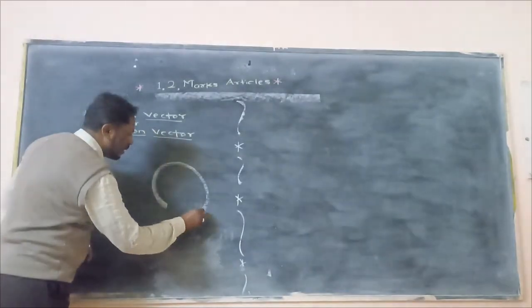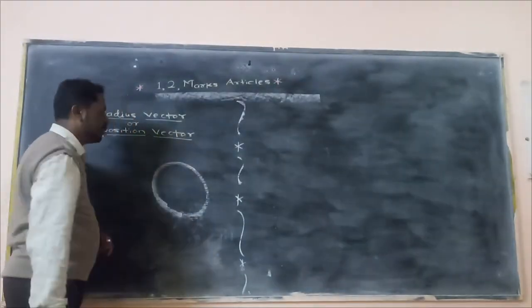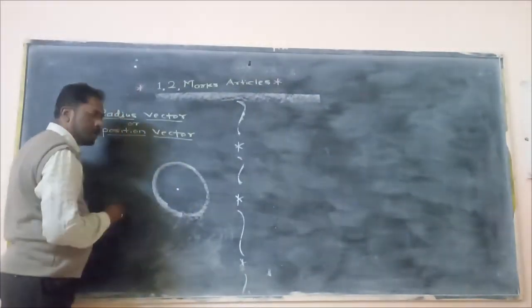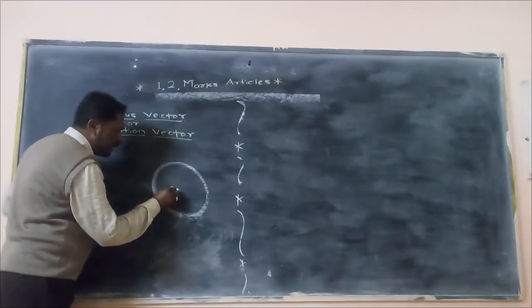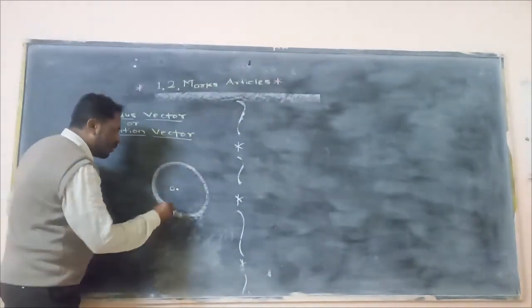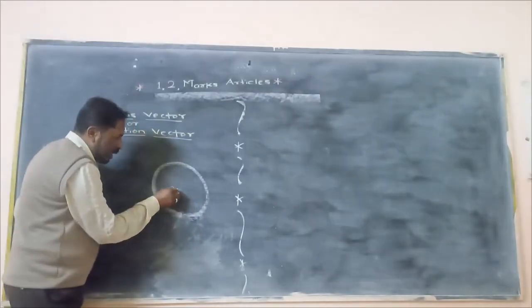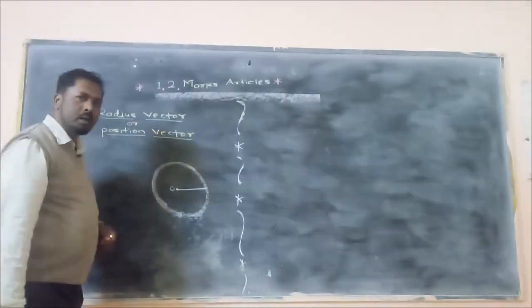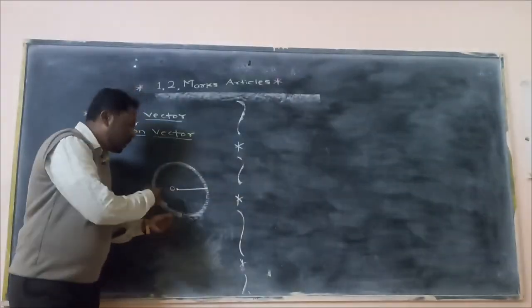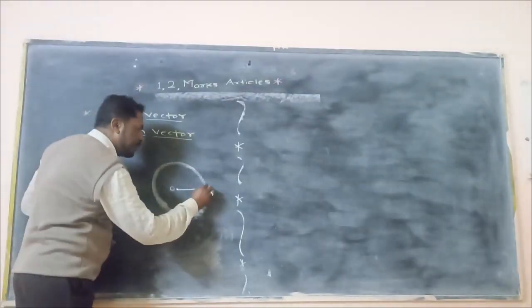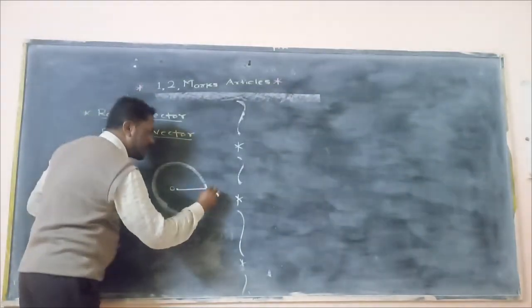Many major things in physics are related to diagrams. Here is the point that we name the center. From the center, I am drawing a line from the center up to a point on the circle.